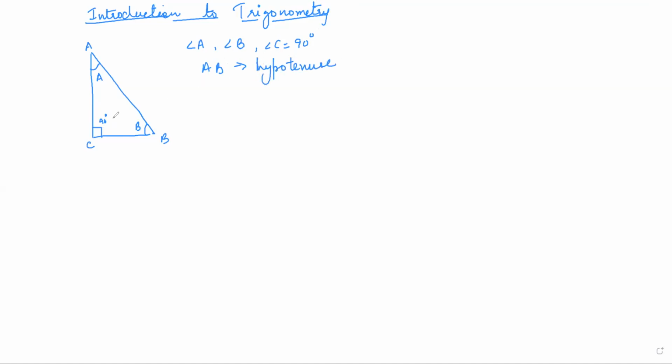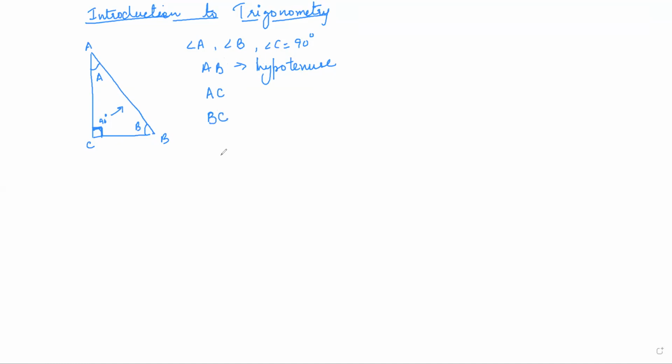It is the side which is opposite to the 90-degree angle. So here you have your 90-degree angle, and the side opposite to it will be the hypotenuse of the triangle. Understood? Then there are the other two sides, which are AC and BC. Fine, Arshia? Yes, ma'am.